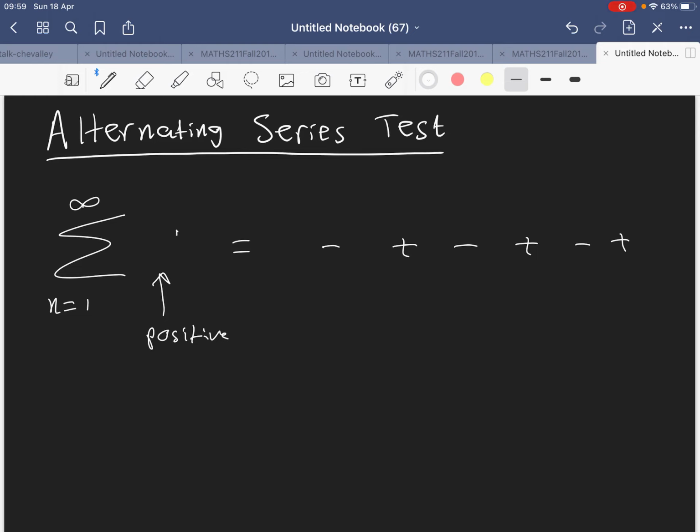And the formula that we will use is we have a positive part, Bn, and then we have the alternating part, that will cause only plus and minus. So just let me write it here: the alternating part, or we call it plus minus, and the positive part, which is just positive.